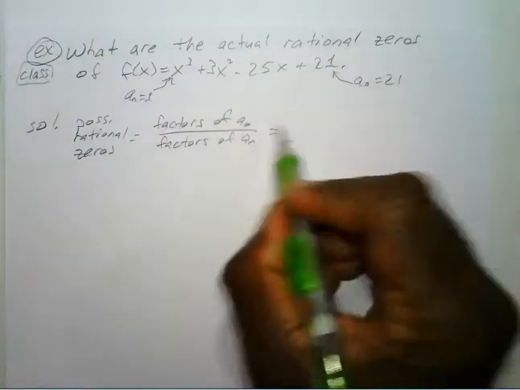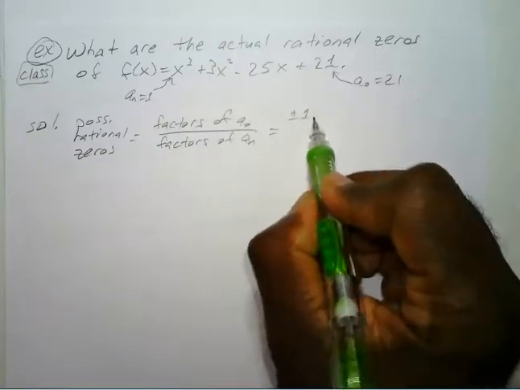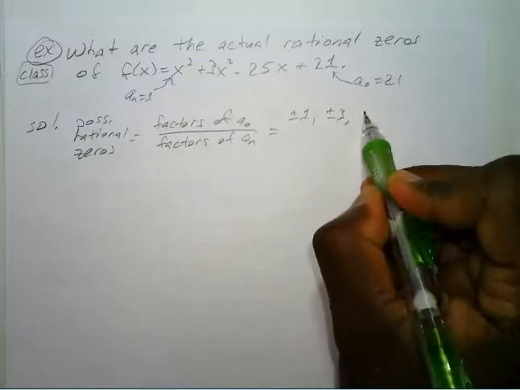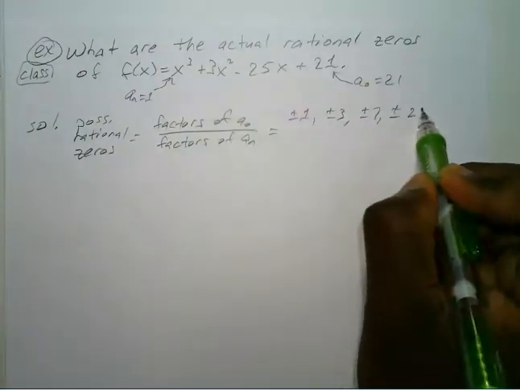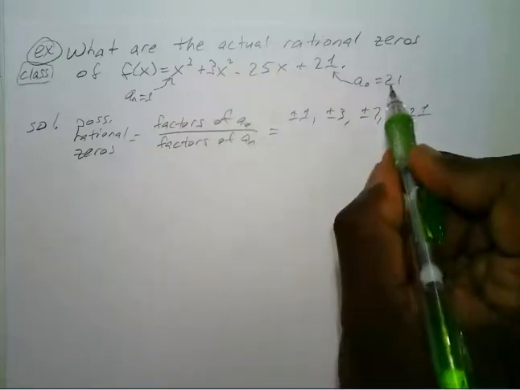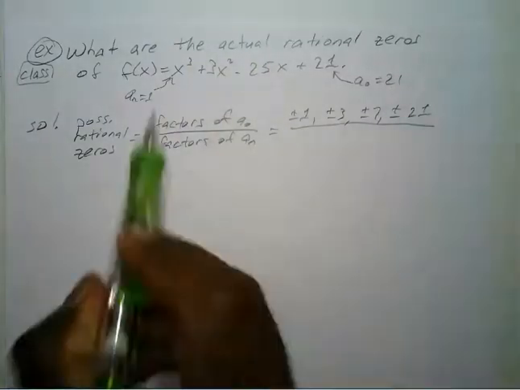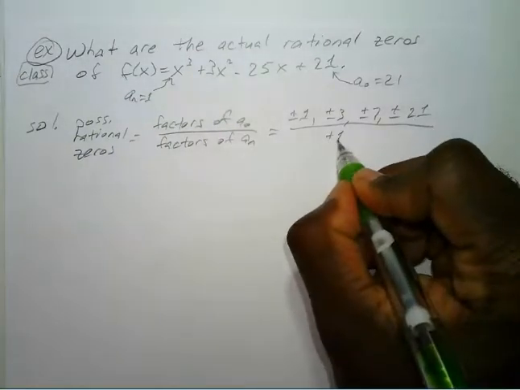Okay, so your possible factors of a sub 0, well, you have positive or negative 1, positive or negative 3, positive or negative 7, and positive or negative 21. All those numbers, if you divide 21 by any of those numbers, you'll get a whole number. Okay, so possible factors of 1 is just positive or negative 1.